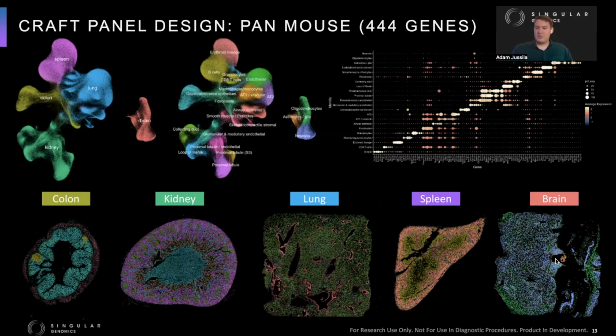In brain, we can see thin, membranous looking areas of tissue that look like they're astrocytes. And in spleen, again, we see distinct spatial patterning. Across the board, we're really excited to see how well this is performing, because remember, this is a pan mouse panel. This is not tissue specific in the sense that it's not designed for just one tissue, but designed to target many tissues.